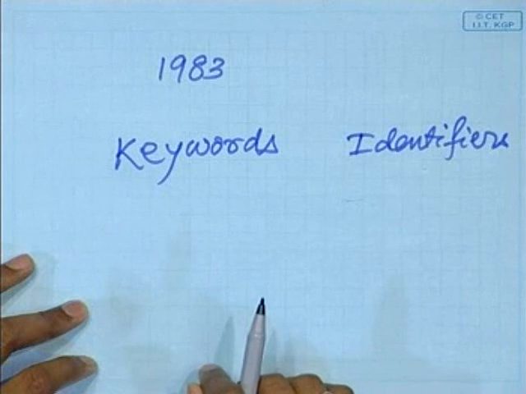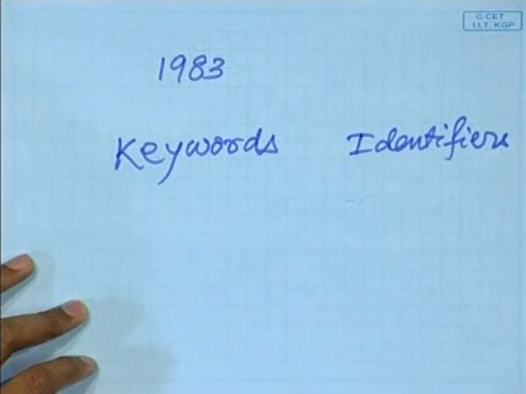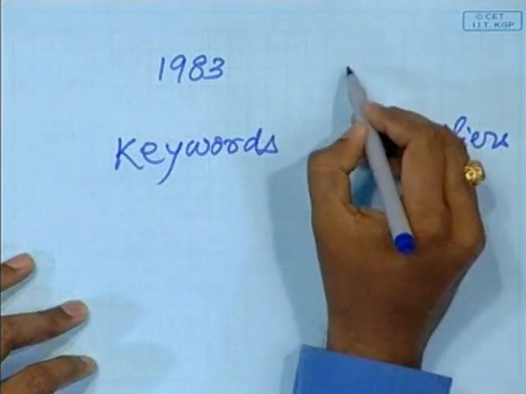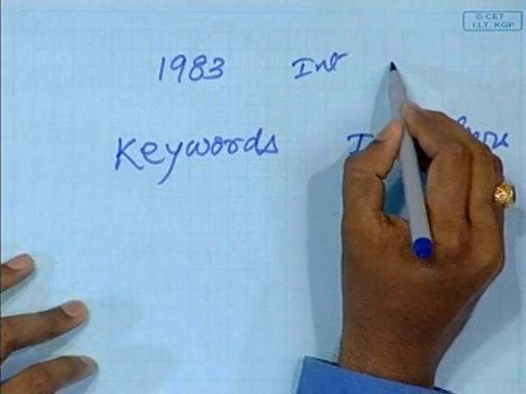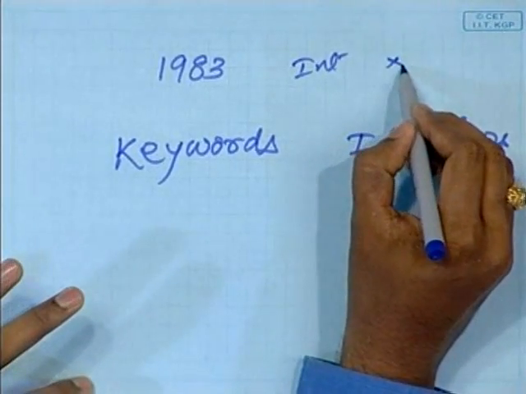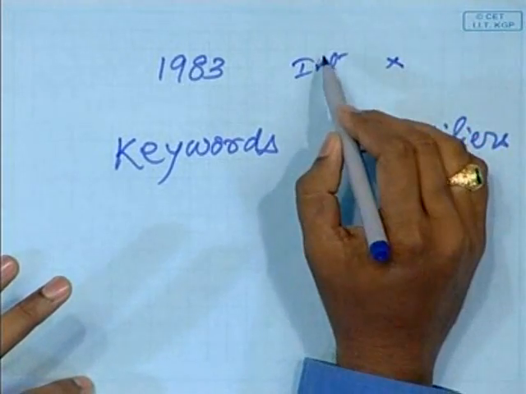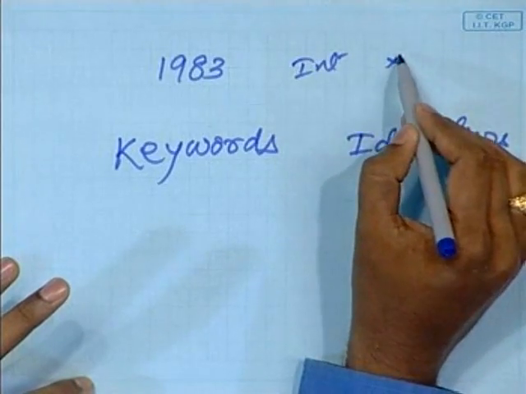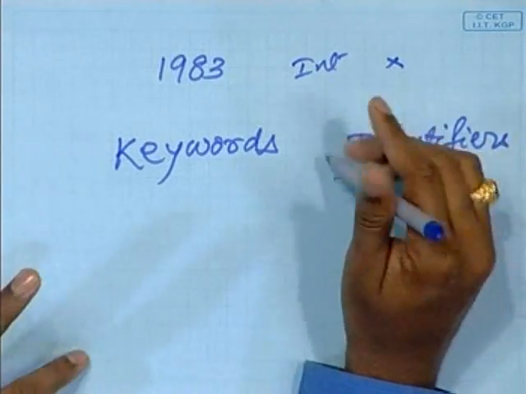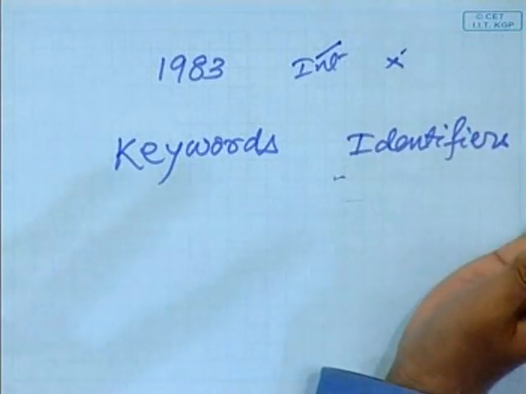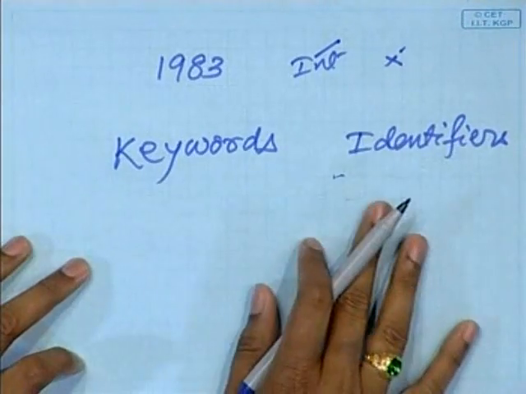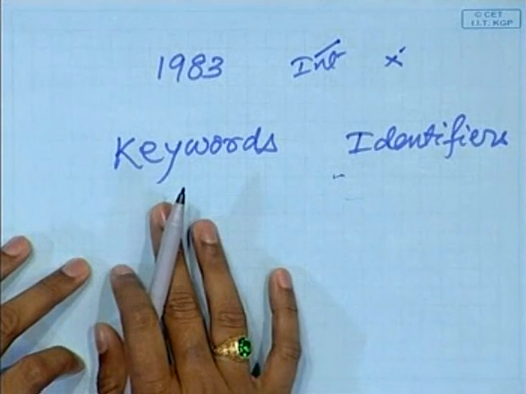Like in C, suppose you are declaring an integer: int is a keyword of C, and some name you give, say x, is an identifier. Similarly, in Verilog we have keywords.